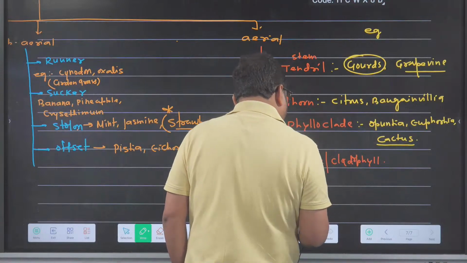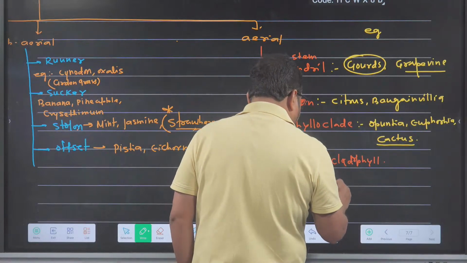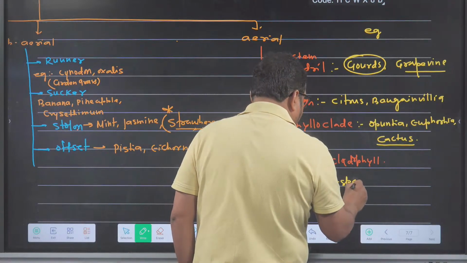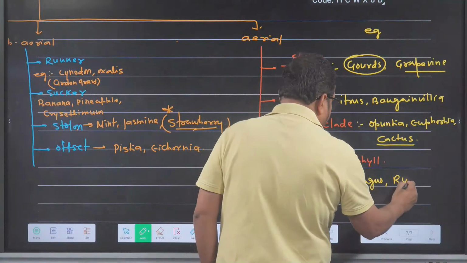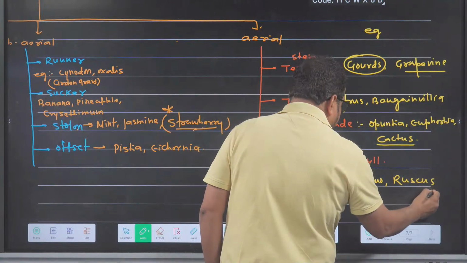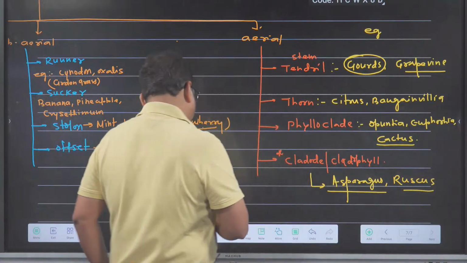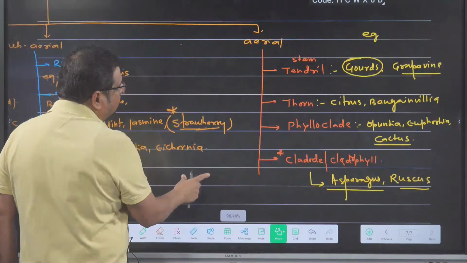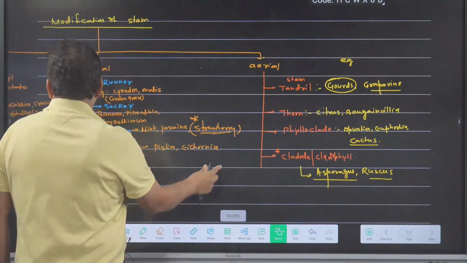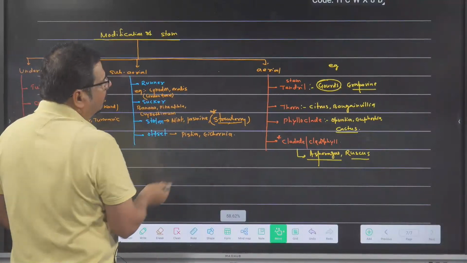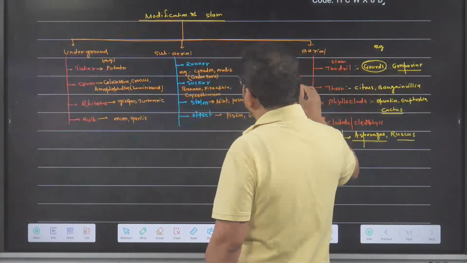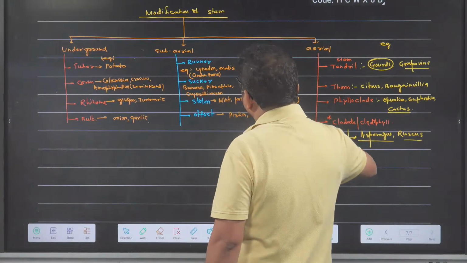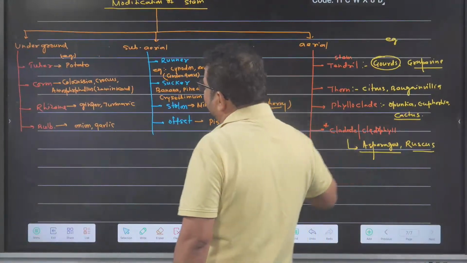Cladode and cladophyll examples are asparagus and another example is ruscus. Asparagus and ruscus. So I told the typification with examples. This flow chart will help you to revise the modifications of stem very fast.